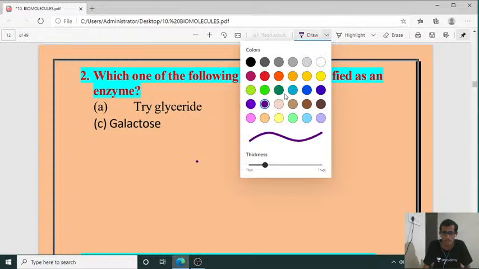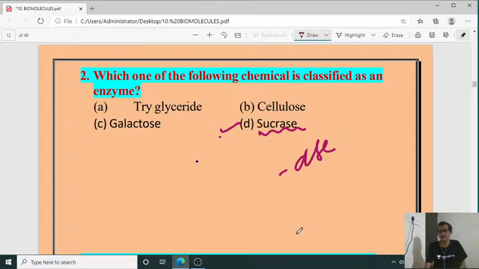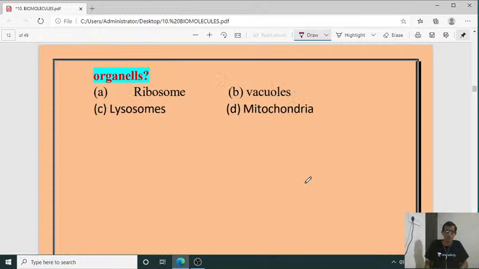So it is sucrase. Sucrase is the enzyme that will digest the sucrose particle. So an enzyme always ends with ASE. Okay, always an enzyme ends with ASE according to enzyme nomenclature, the naming of enzymes.